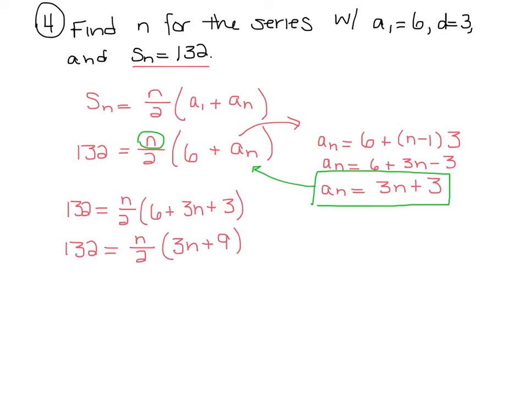Many different ways of going about this. I generally like to go ahead and get rid of that divided by 2. So I multiply both sides by 2, leaving us with 264 equals n times 3n plus 9.